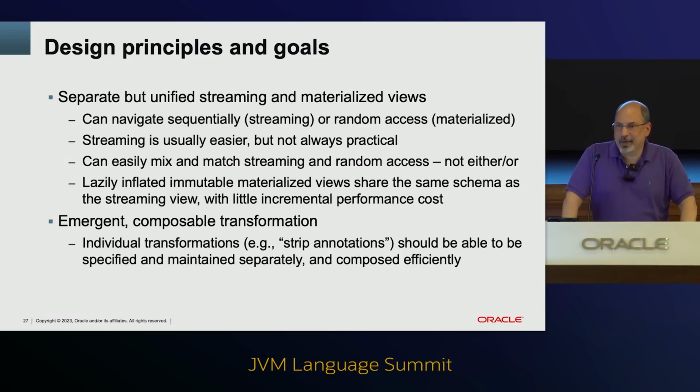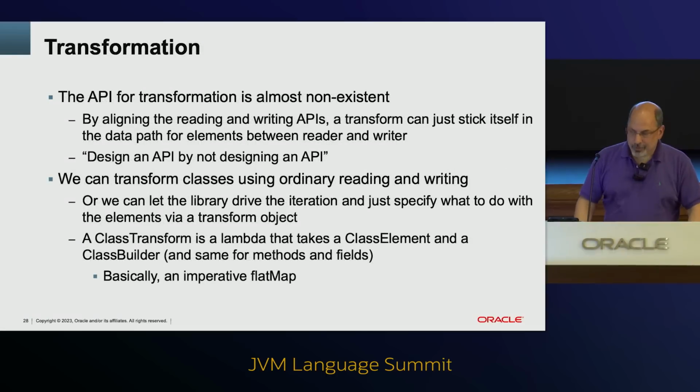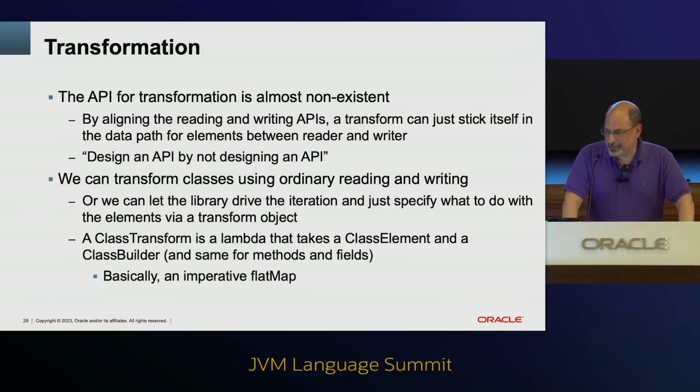And so you can easily mix and match the streaming and materialized views as you like, and everything is lazily inflated. And like I said, the important thing we wanted was that transformation should be an emergent property, and it should be composable. You should be able to define one transform, define another transform, and compose them without having to complect their code. So speaking of transforms, since I said that's really important, what does the transform code look like?